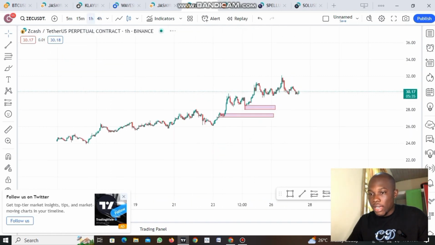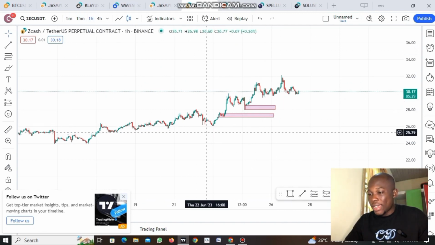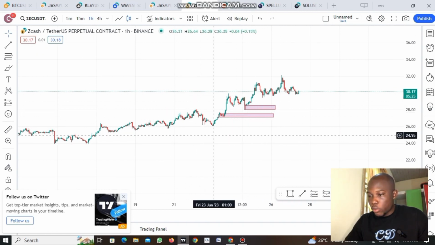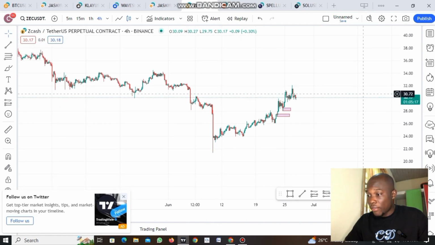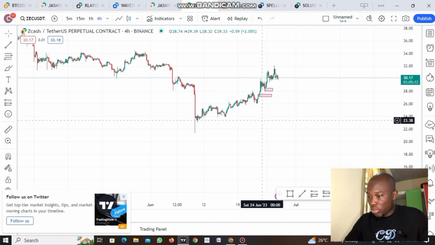So let's say that I entered this chart right now, and look at me at the 1 hour. So the market is trending up. Okay, I'm like, okay, the market is trending up. I go to the 4 hours time frame to confirm if the market is actually trending up at the higher time frame, because the higher time frame gives you a more long-term picture of what is happening, not short-term.